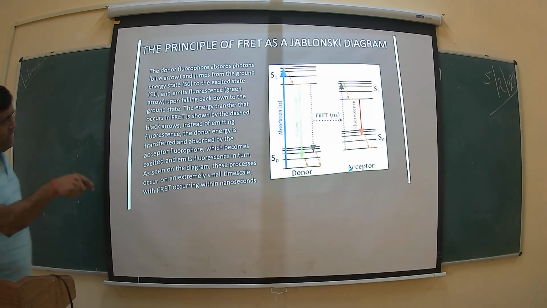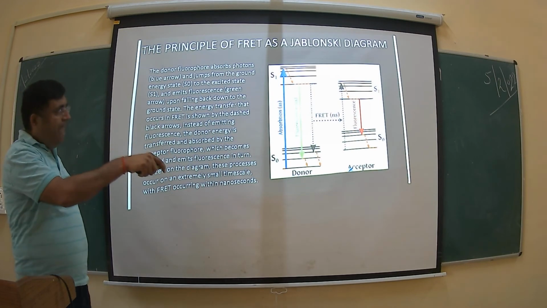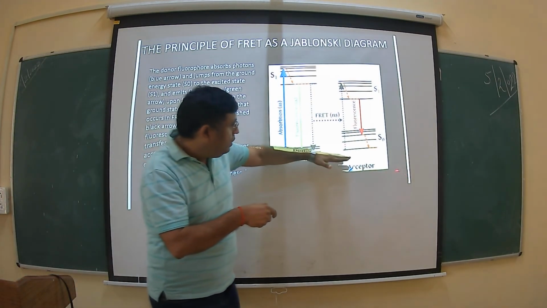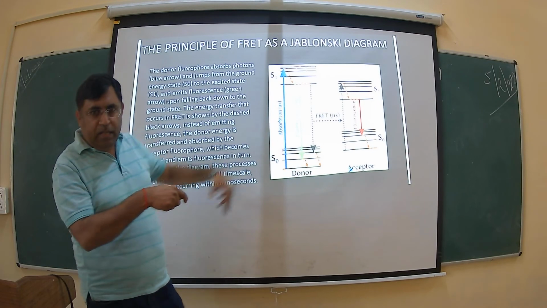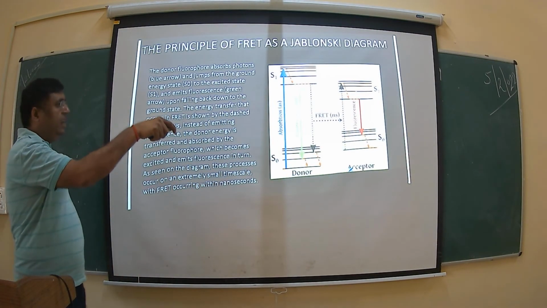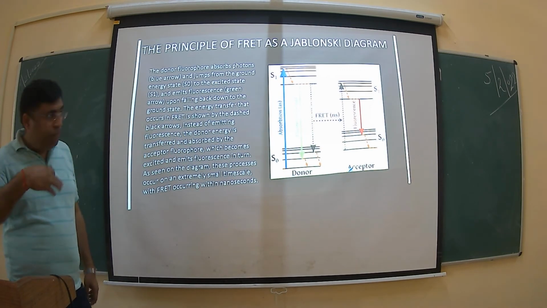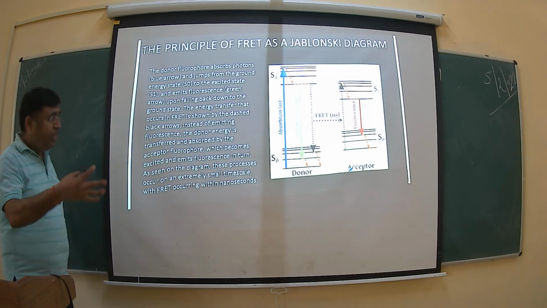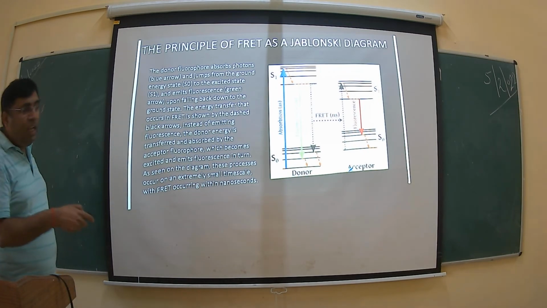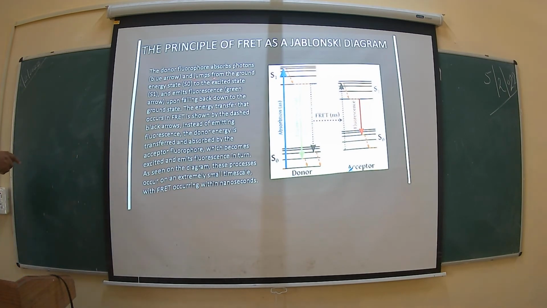This signal is taken by the acceptor fluorophore if it is in close proximity, and it will get excited again and emit another wavelength of light. Okay, got this point? Now the donor fluorophore absorbs a photon and jumps from the ground state. This is exactly what I am showing here.